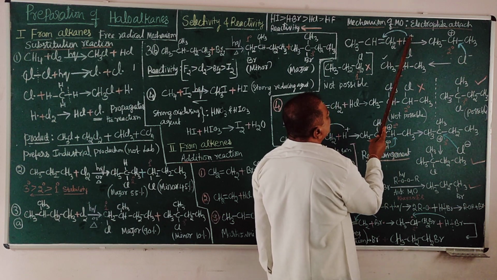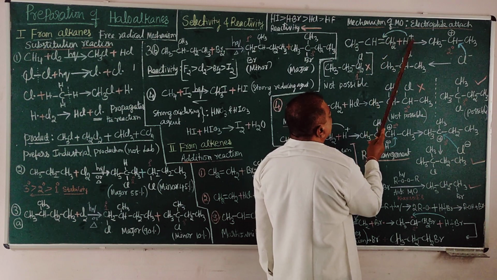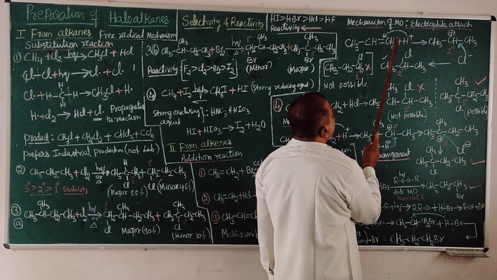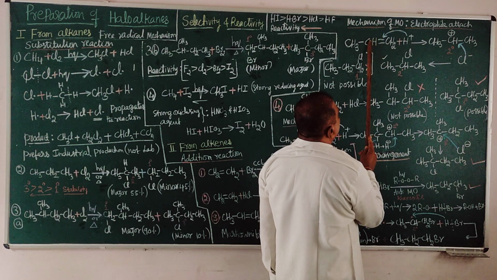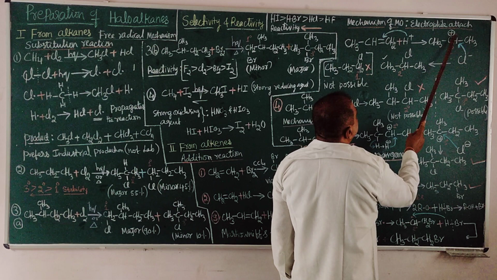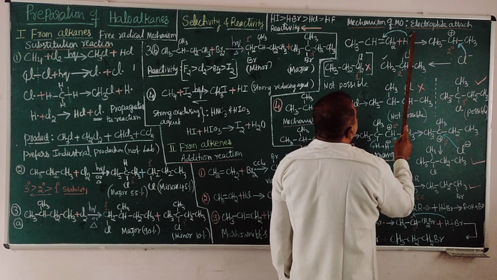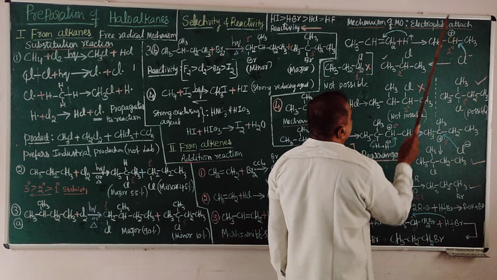The electron-deficient electrophile can attack the electron-rich pi bond by bonding with this carbon or this carbon. If bonding with this carbon, it results in a carbocation, the bond breaks, and the plus passes on to this carbon.